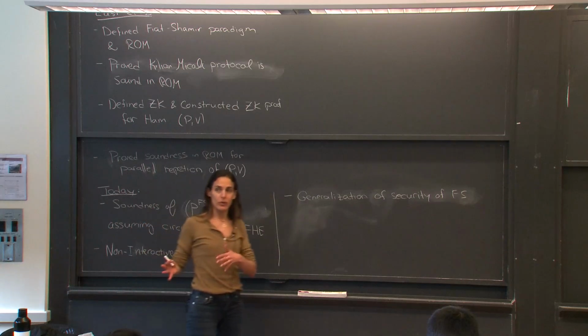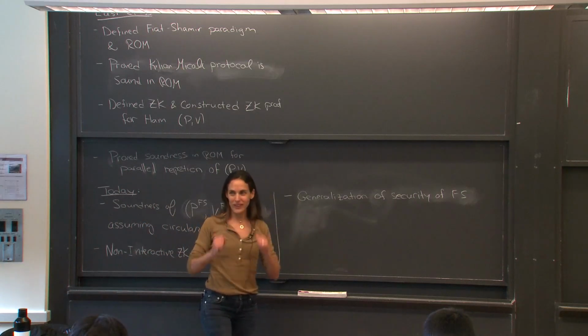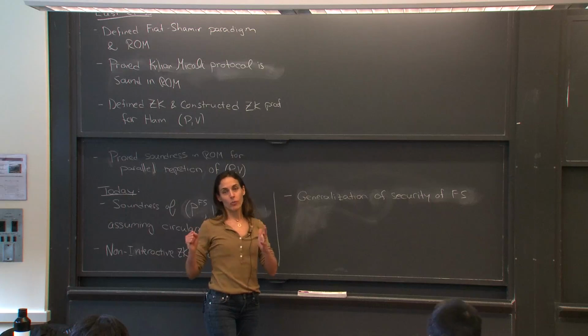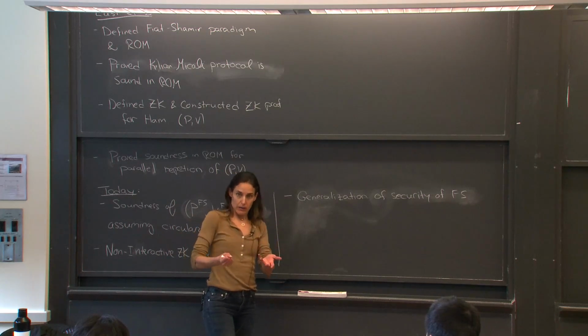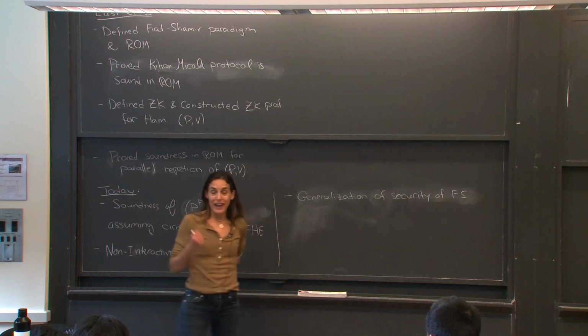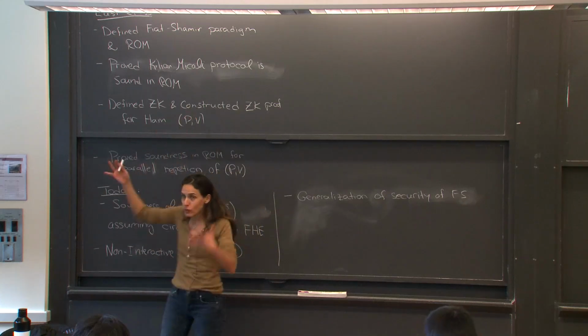We do have contrived examples, not real-world examples, where the protocol is secure in the random oracle model and not secure when Fiat-Shamir is applied. Interestingly, Kilian and Micali is one of them.